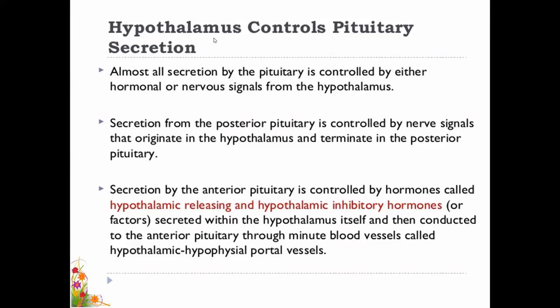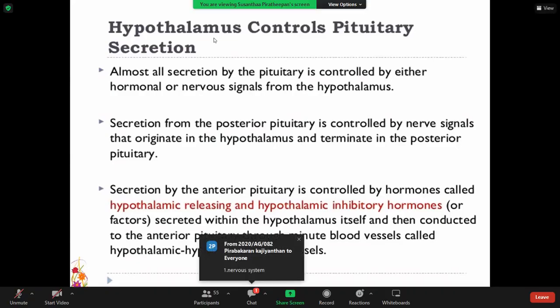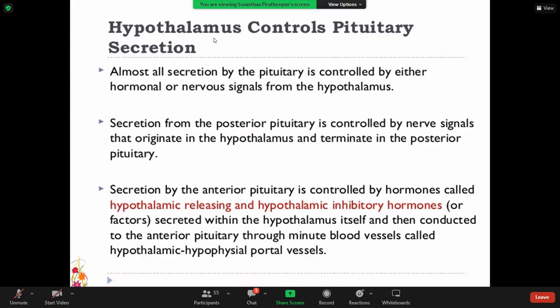Second, what is the name of the hormone that is produced by the hypothalamus to control the secretion of the anterior pituitary gland? Third, what is the name of the minute blood vessels that transport the hormones from the hypothalamus to the anterior pituitary gland? Please give the answers to all three questions in your chat box.